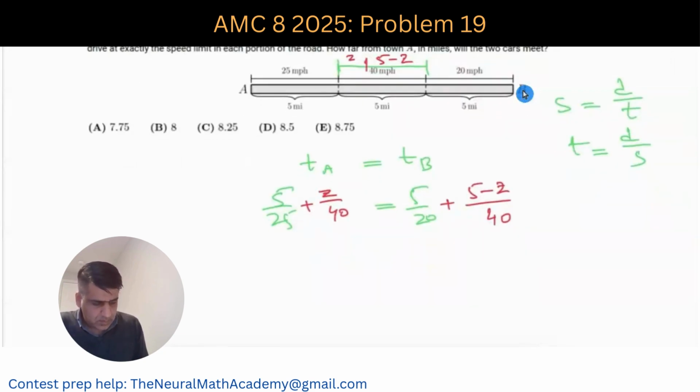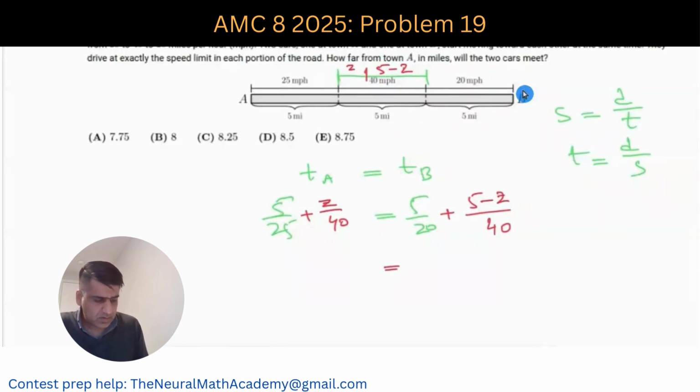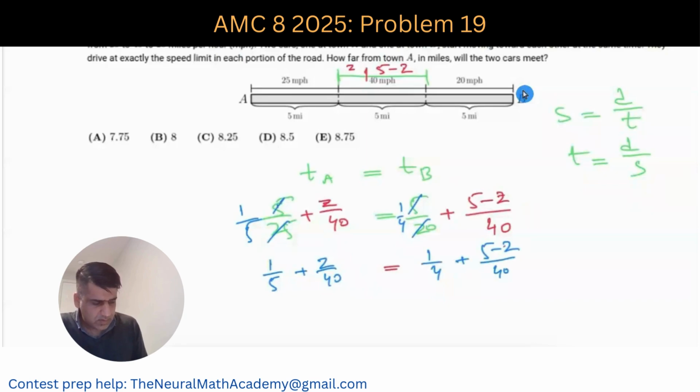Okay, so after that, all I have to do is solve for z. For that, we can start simplifying. If I do this, I get 1 over 5. If I do this, I get 1 over 4. And now I have 1 over 5 plus z over 4d, and here I have 1 over 4 plus 5 minus z over 4d.